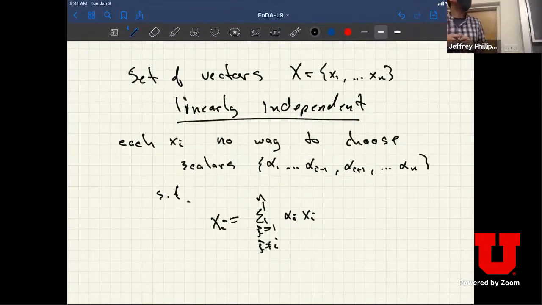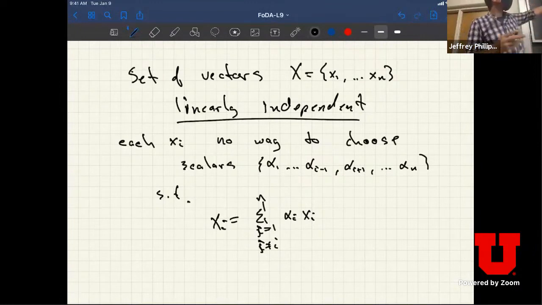If I could take one out and then recreate it with the other ones, that means I don't need it to represent the same basis. The span, remember, is the set of all vectors I can represent with these.